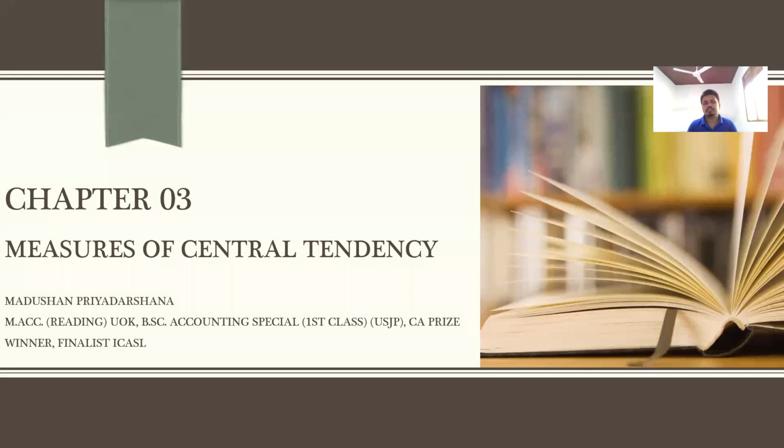Now from this lecture onward, we are going to discuss the rest of the 2 elements, analyzing and interpreting numerical data. To analyze and interpret numerical data, we are using several measures, right? So this is one of them, measures of central tendency.